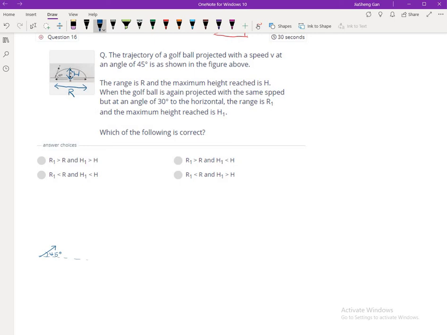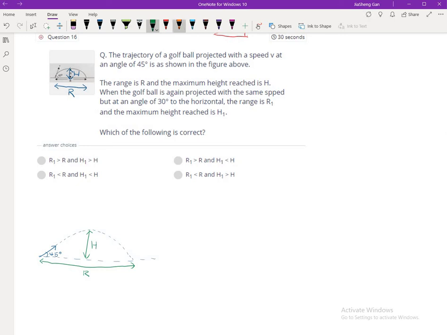This is your ground. Then your thing probably goes like this. If that's the case, you can measure this to be r, and you can measure this to be your h.